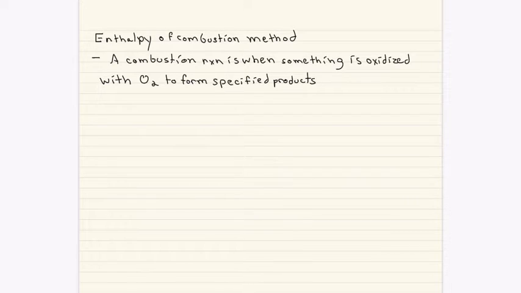For example, if we have propane gas, 1 mole of it, we could react it with 5 moles of oxygen gas, or in other words, we could combust it with 5 moles of oxygen gas to form 3 moles of gaseous carbon dioxide and 4 moles of H2O liquid.